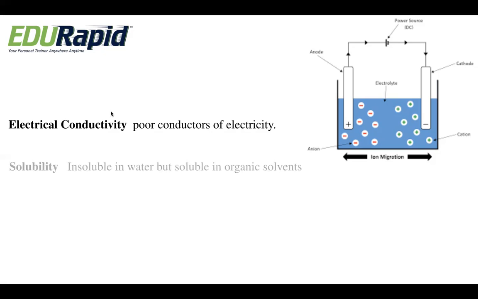The next important property of the covalent substances is solubility. Covalent substances are insoluble in water, but they are soluble in organic solvents, right? Organic solvents, for example, ether or ethyl alcohol, are some examples.